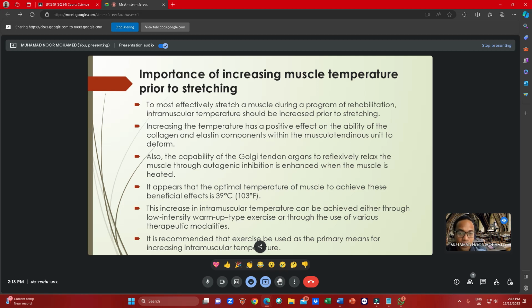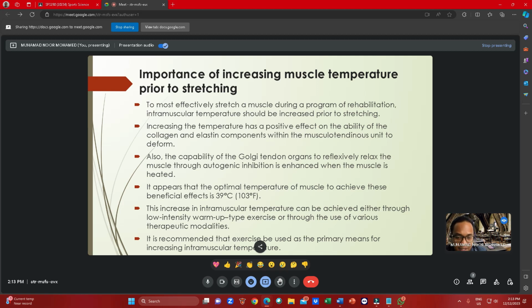Okay. Also, by increasing our muscle temperature, the capability of the GTO to reflexively relax the muscle through autogenic inhibition is enhanced. It is clear that the best effect happens at 39 degrees, and this increase in intramuscular temperature can be achieved either through low intensity warm-up type exercise or through the use of various therapeutic modalities.